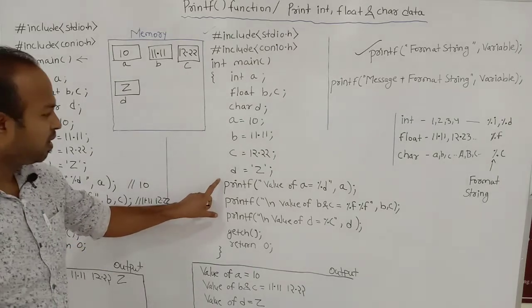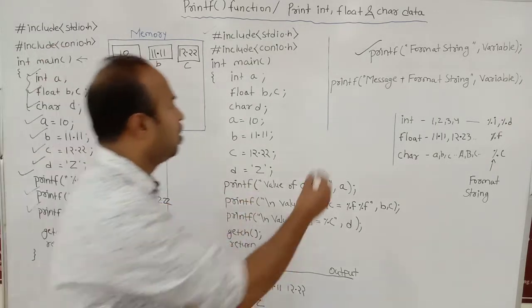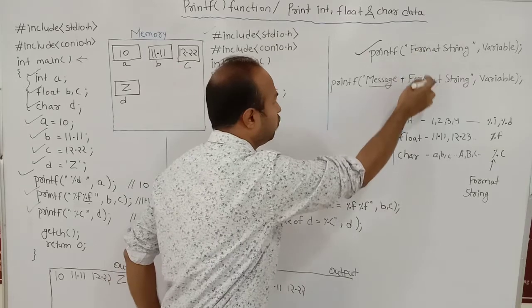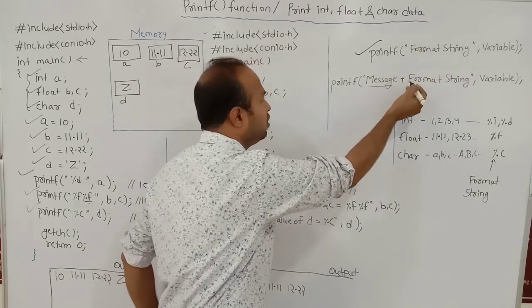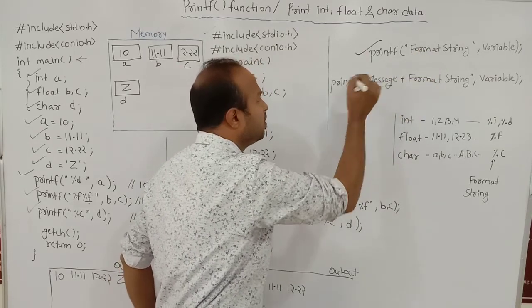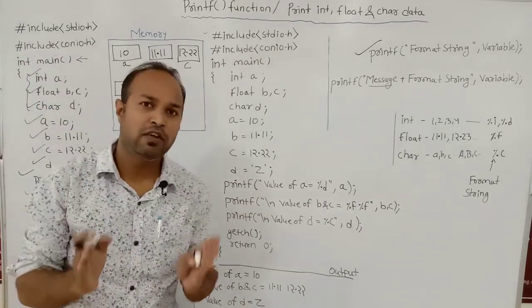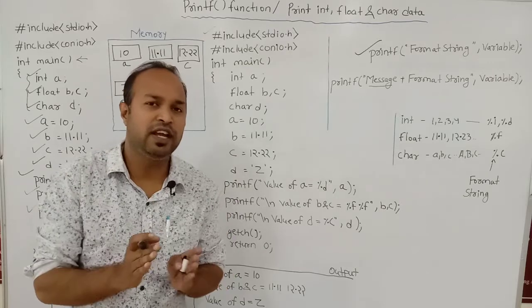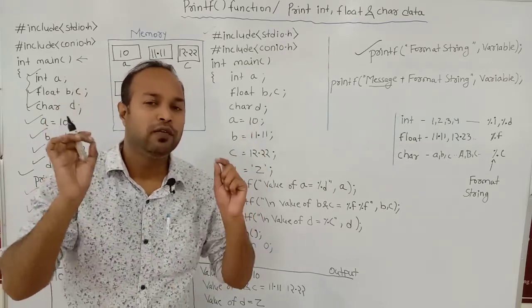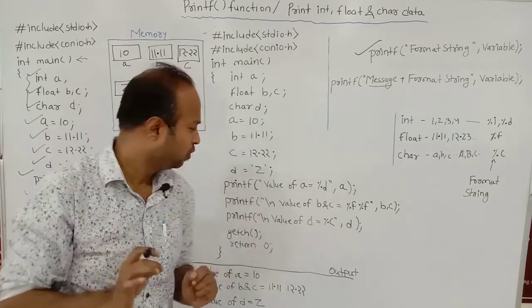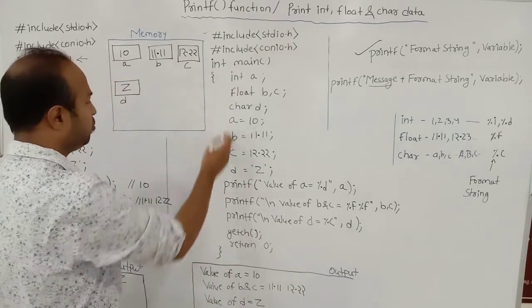In this program, we are also printing a message. Both formats are the same, but we are also including a message in the printf function. Always remember, whatever we write in a printf within the double quotes will be printed as it is. So both programs are the same.